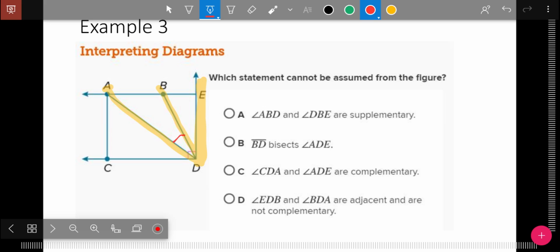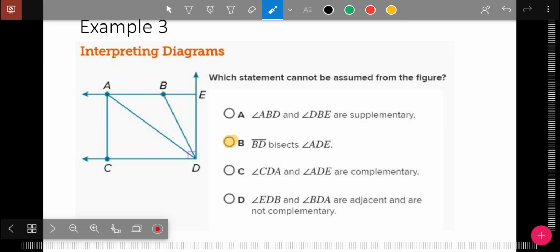To know for sure, I would need to see the little curvy things, or arc marks they're called, or congruent marks. You need to see those curvy things to know that they're congruent. I don't have that. I just drew that into the picture. That's not supposed to be there. All right. And so I cannot assume that it bisects. It looks like it does, but I cannot make that assumption. Looks can be deceiving.